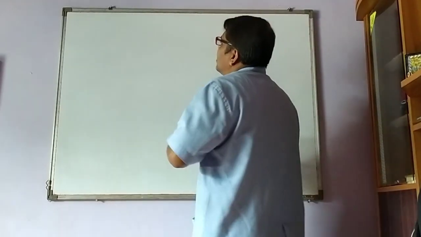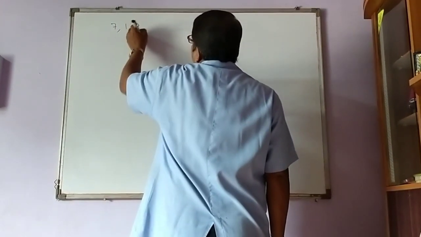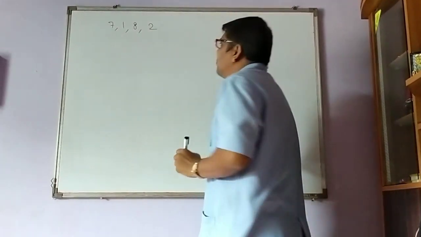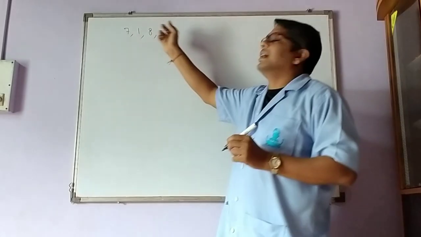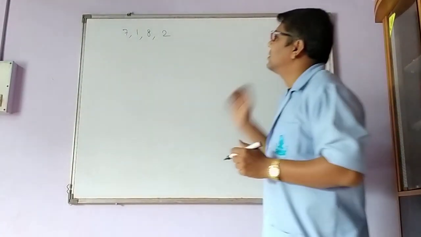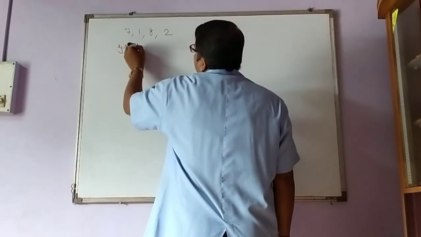For example, suppose these are the digits given, 7, 1, 8 and 2, and we are supposed to form the greatest 4-digit number.